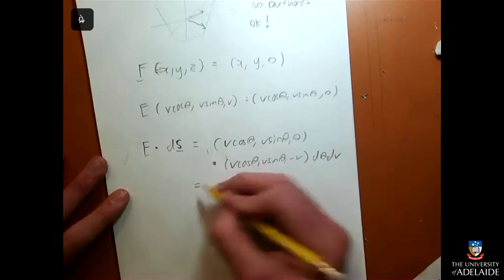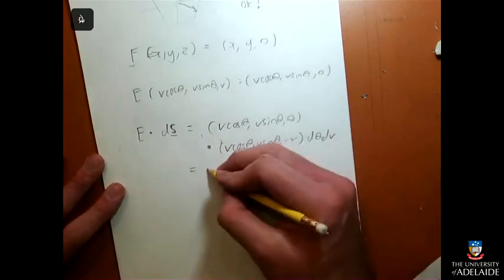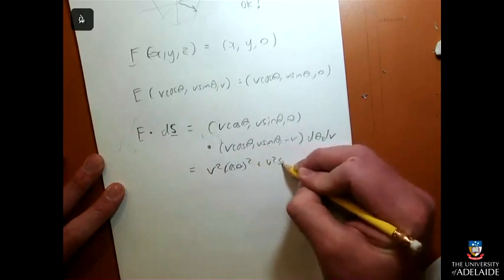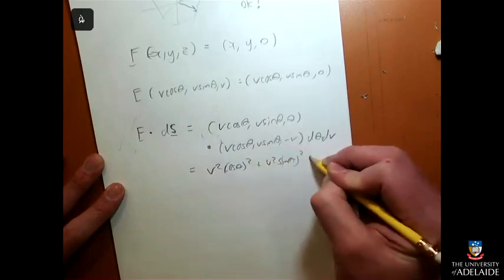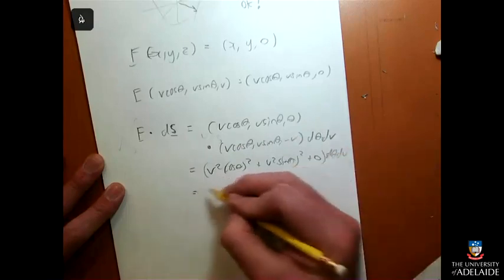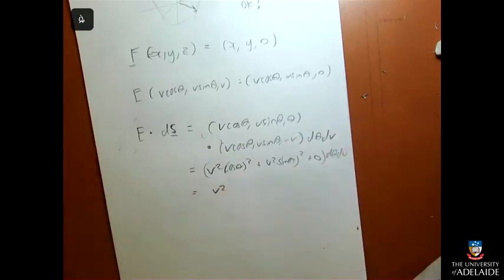Which is coming out to, oh look, v squared cos squared theta plus v squared sine squared theta plus 0, which is just v squared.